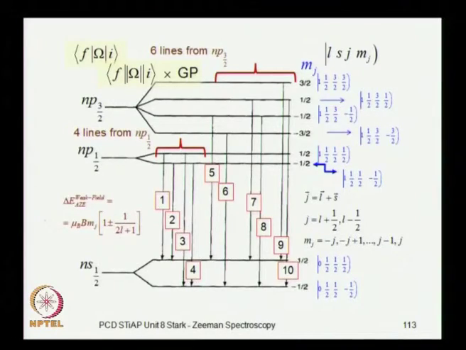So let us go back to what we studied in the Zeeman effect, and we studied the sodium atom in a magnetic field, and we found that the D1 D2 two lines split into 10 lines, 4 lines from the NP 1/2 and 6 lines from the NP 3/2, right. So in total 10 lines is what you get.